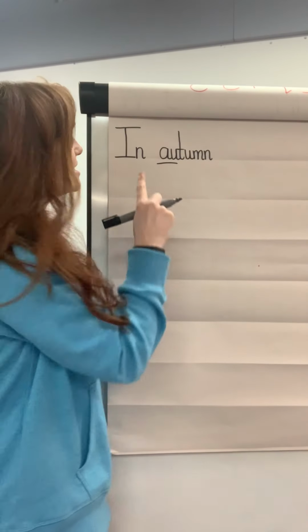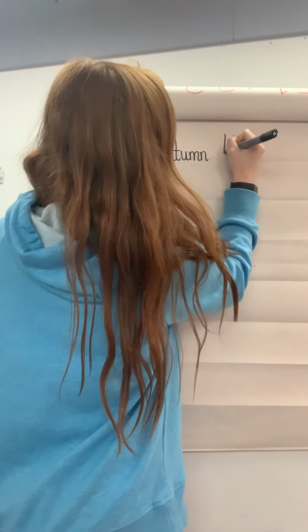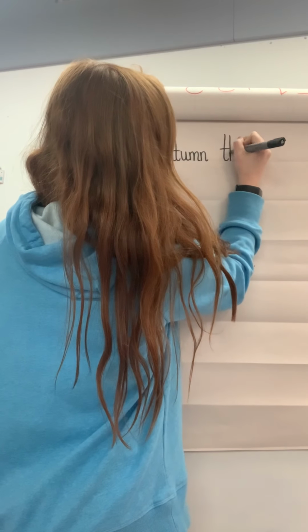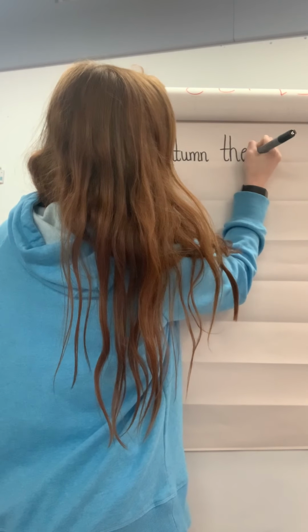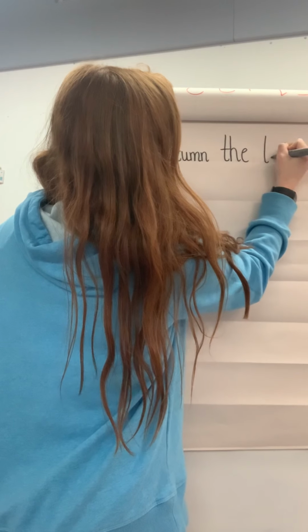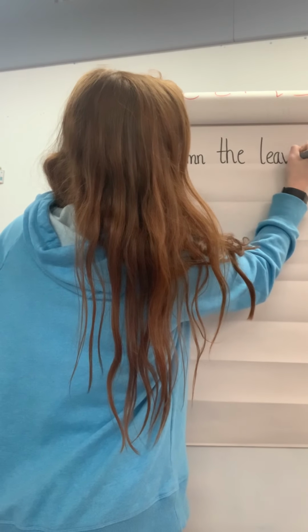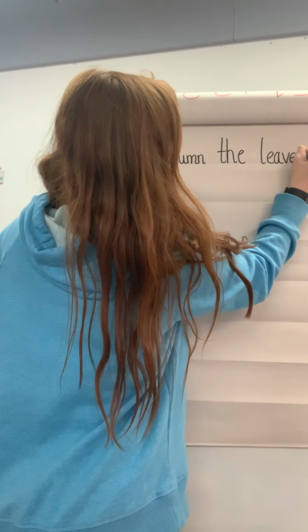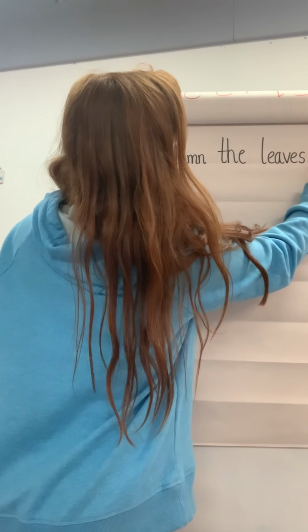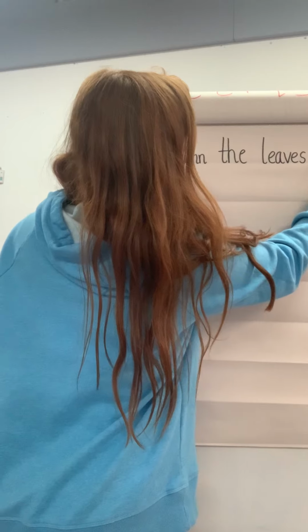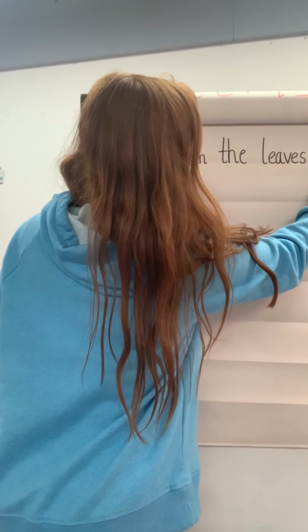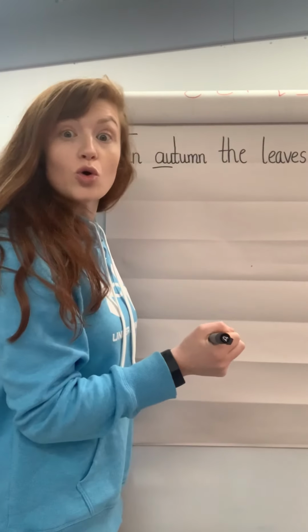Quite a tricky word. In autumn, the, we know how to spell that one, T-H-E, leaves, and it's E and A for our E sound there, leave, and there's E and S on the end. Fall, that's one of our tricky ones, because it's A-L-L, making that O sound.